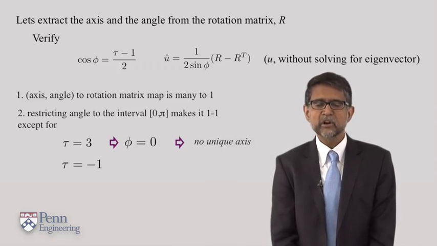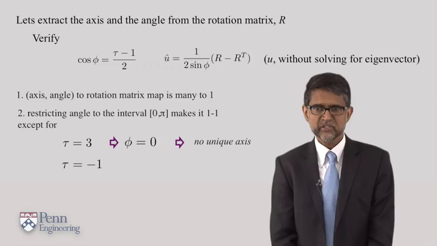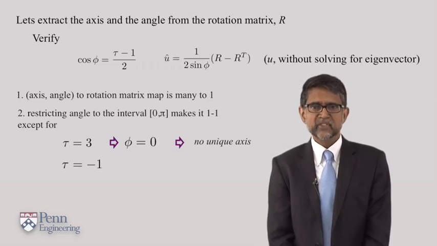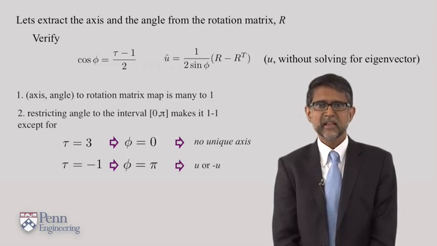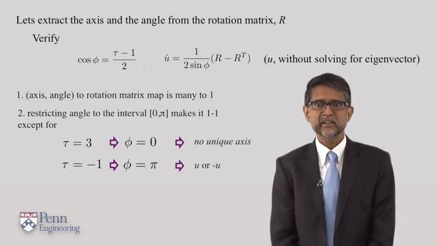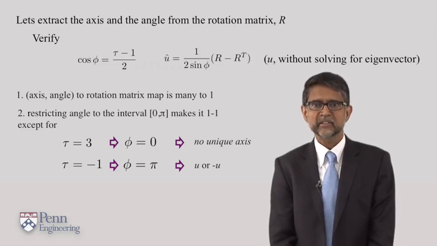While if phi equal to 0, there is no unique axis of rotation. If the trace is equal to minus 1, then phi equal to pi. In this case, you can have two axes of rotation, either the axis you've obtained using the formula above or the opposite, the negative u.